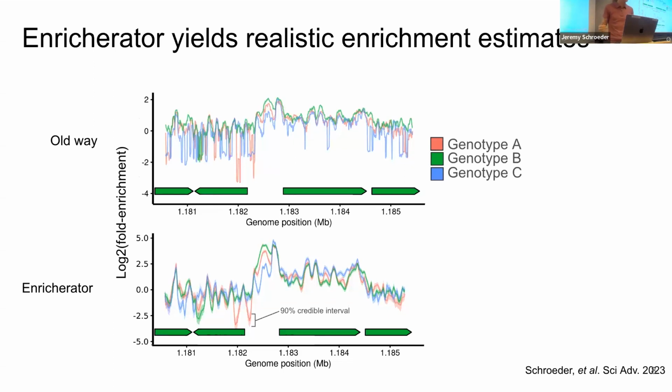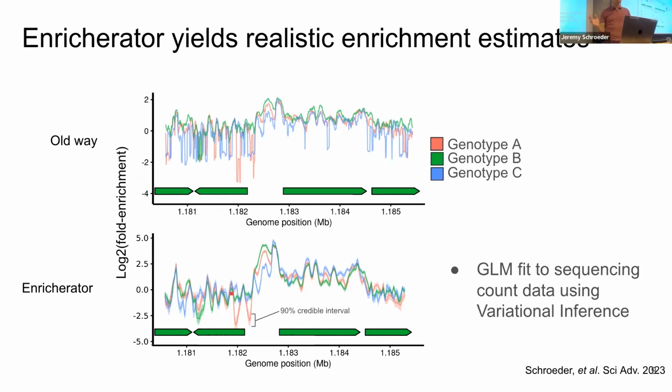There's something there. If I took a coin and flipped it 3 times and got heads each time, none of you in this room should say, that coin will never flip a tails. You know that's unrealistic. And yet the math does not. The math that we're all using to analyze these data does not recognize that property of the count data that we are using. But Enricherator does.